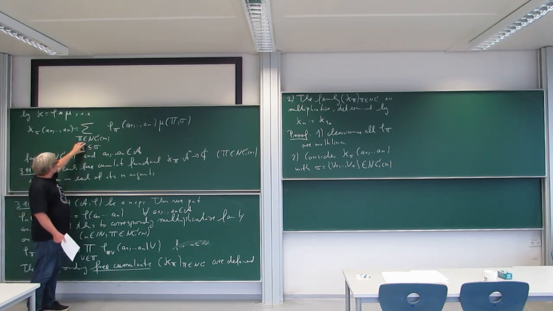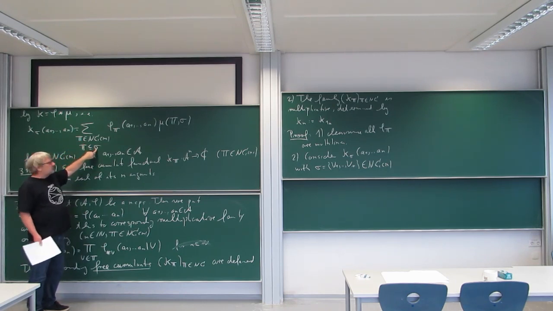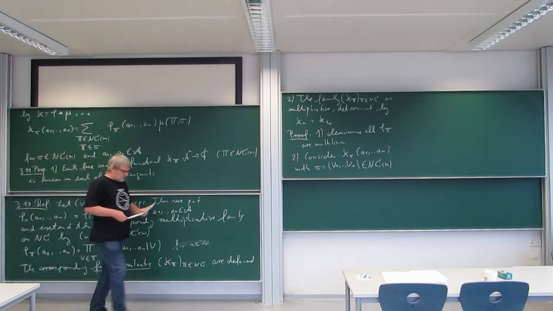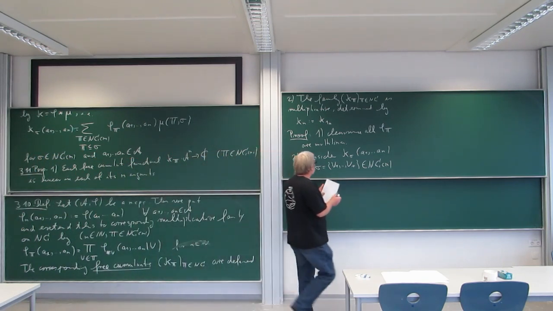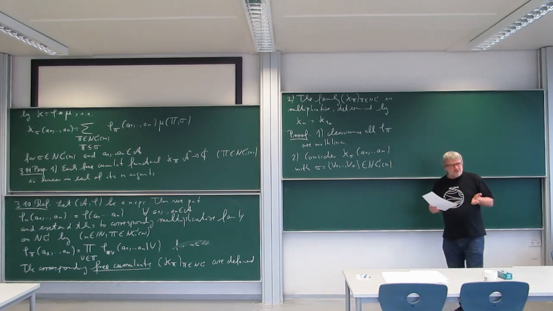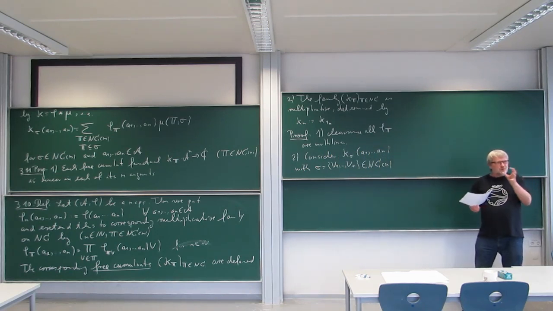So this means if I want to find the pi's which are less than this, essentially I have to look for each block of the sigma here, and then take the non-crossing partitions of this block. Okay, so this means that each pi which is less than sigma actually decomposes into a product of non-crossing partitions of the blocks of sigma.